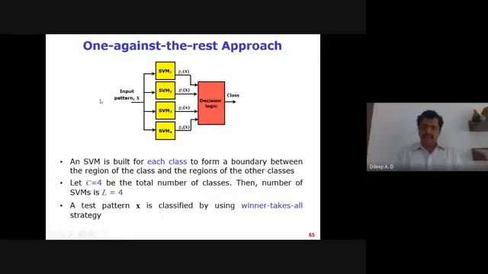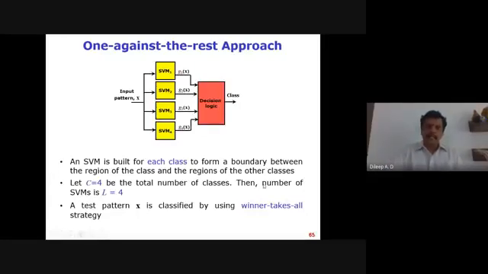When a test example is passed, it goes through all C SVMs, and we get the discriminant values. The SVM giving the maximum discriminant value decides the class label. That means a winner-takes-all strategy is used.